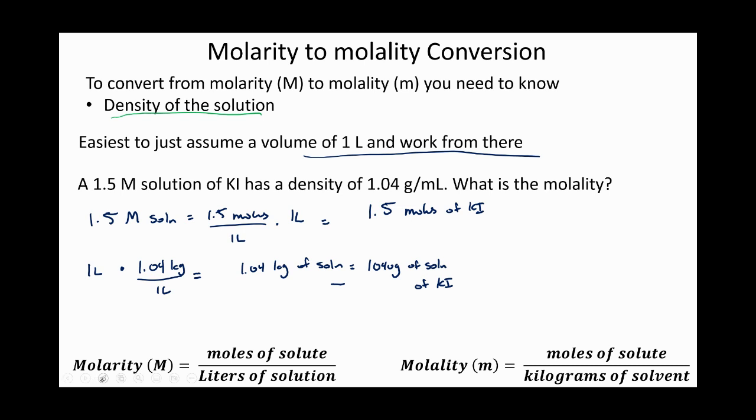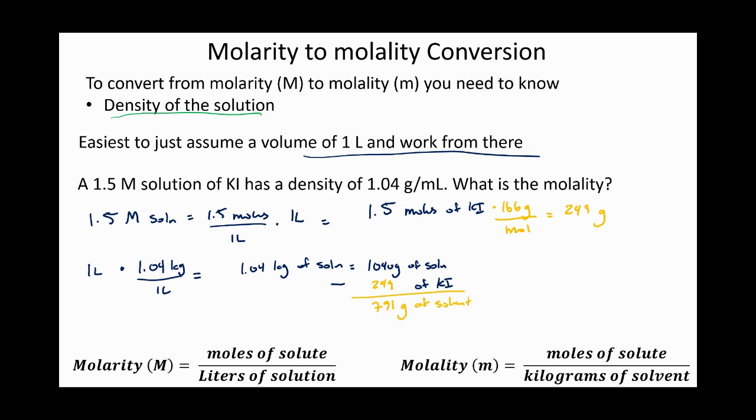So we can just multiply that by the molecular weight of potassium iodide, which is going to be 166 grams per mole. We see that our total mass here is 249 grams. And so we subtract 249 from this. We get that the total weight of our solvent is 791 grams of solvent.